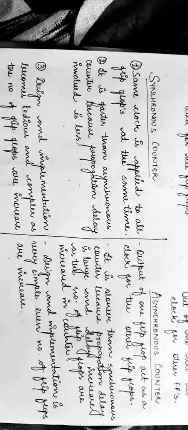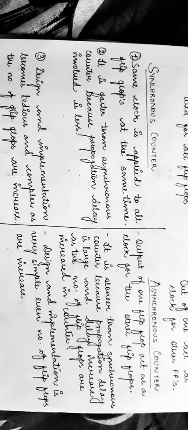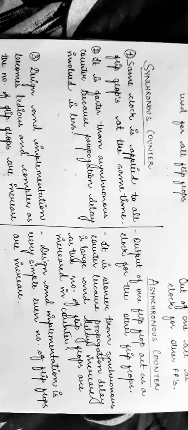So basically, in an asynchronous counter, as we increase the number of flip-flops, a large amount of propagation delay will be there. And the last one, the design and implementation is very simple, even when the number of flip-flops is increased. So we can say that the design of the asynchronous counter is quite simple compared to the synchronous counter.